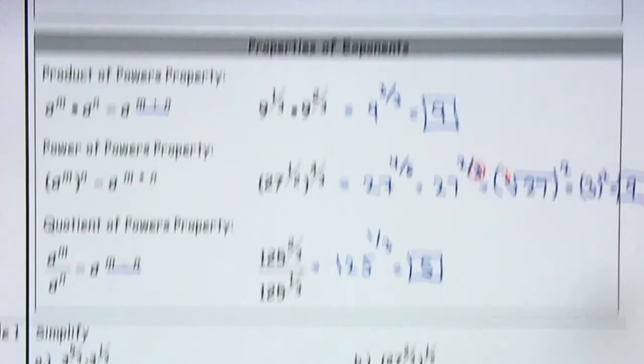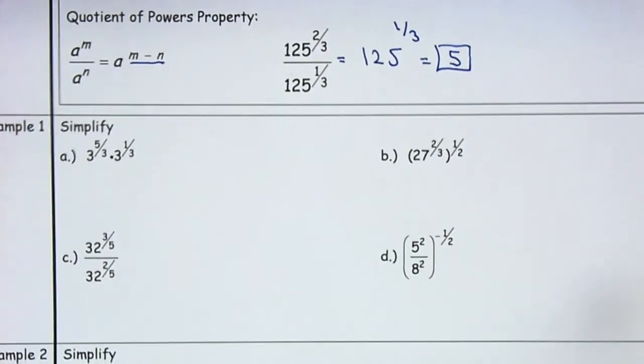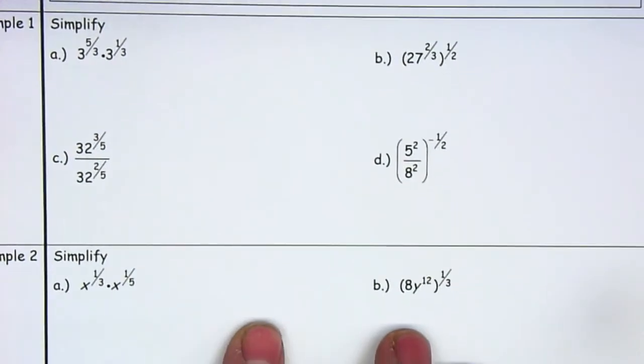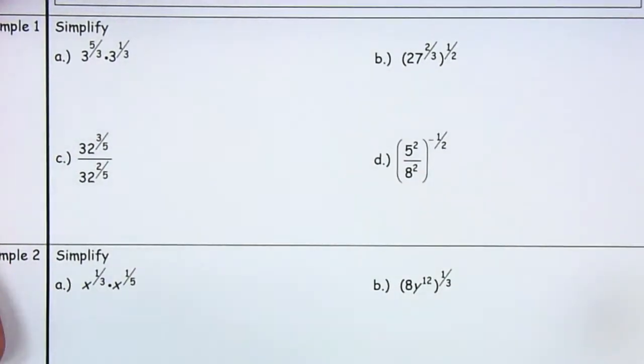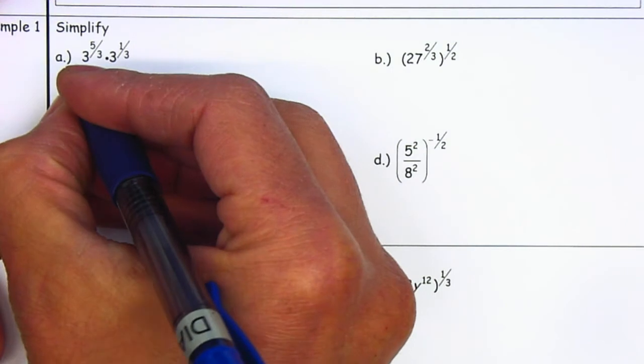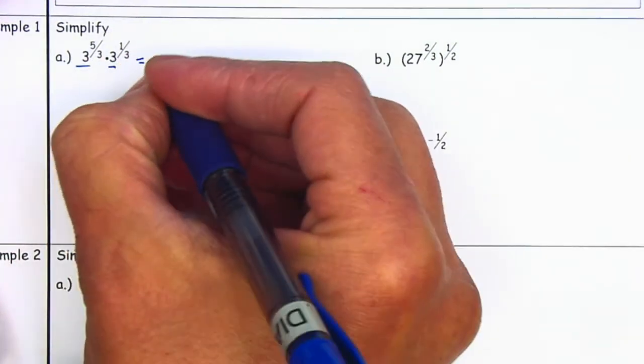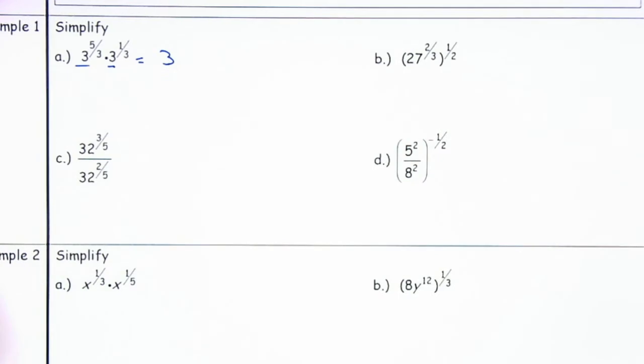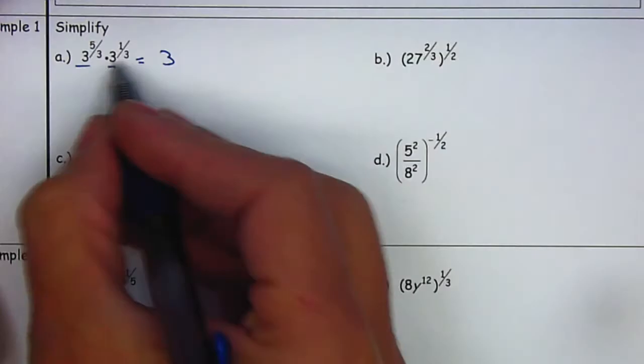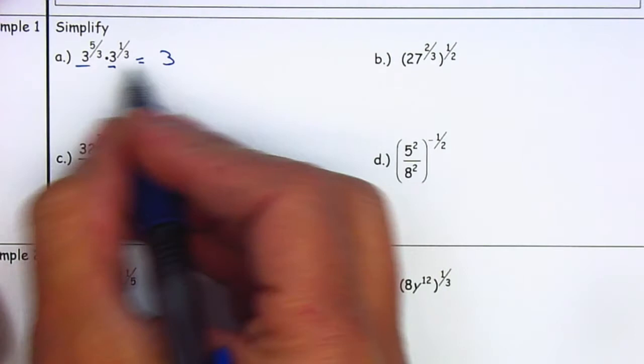Let's go and start with example number 1. On example number 1, I need to be able to simplify. They have the same base, so I can just go ahead and add the exponents. So it'll be 3. The base stays the same. Do not multiply 3 times 3. The base will stay the same.